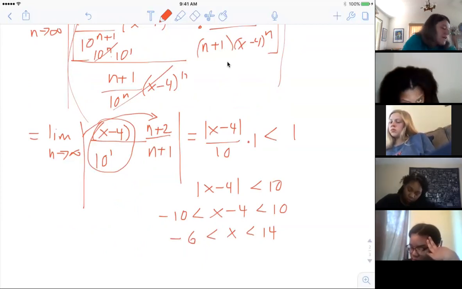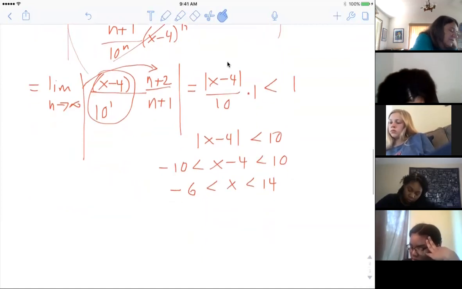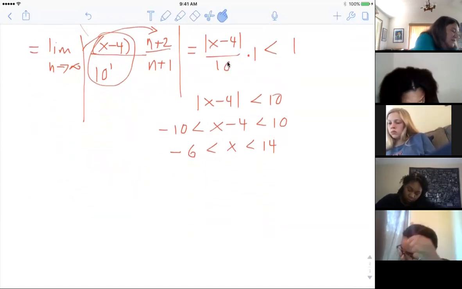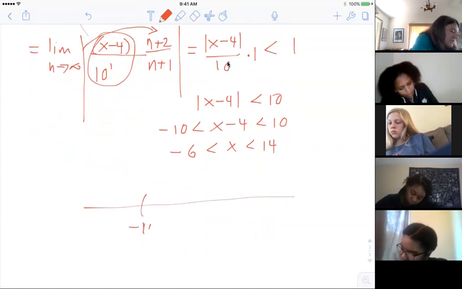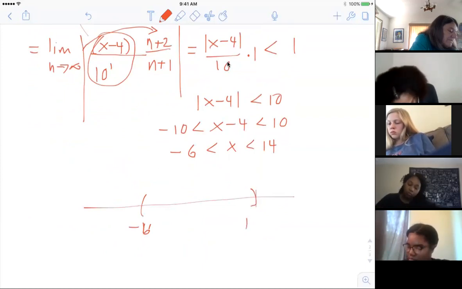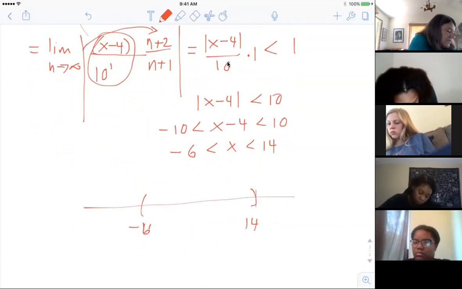If you look on a line here, you will see that if I go from minus 6 to 14, halfway in between is 4. It's 10 units away from minus 6, and it's 10 units away from 14.